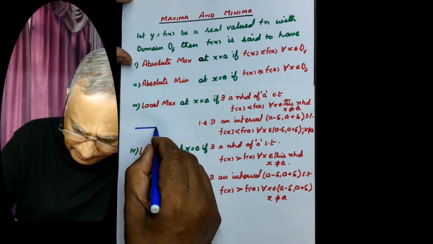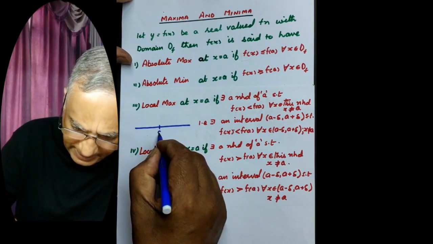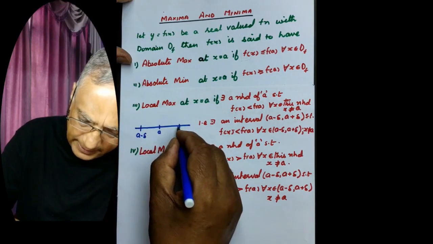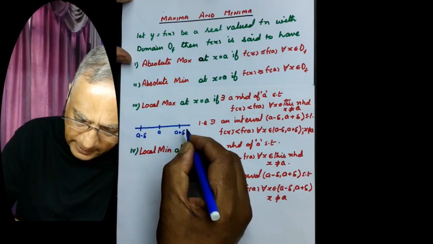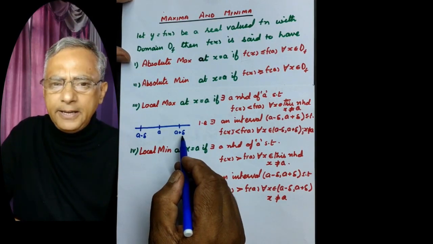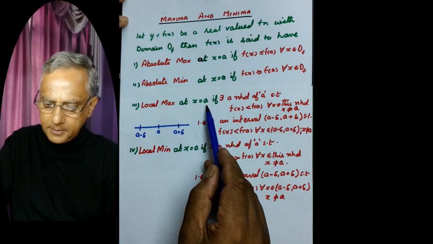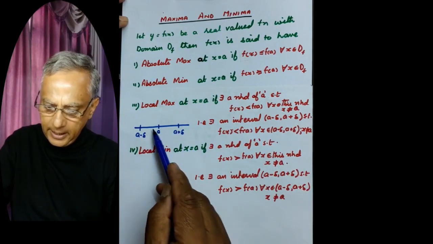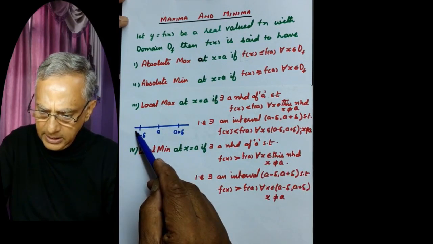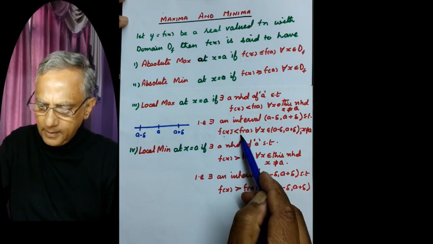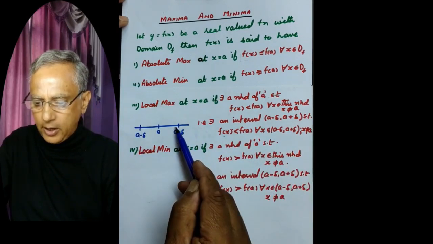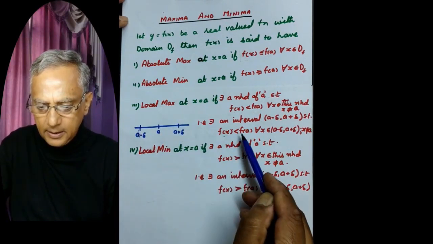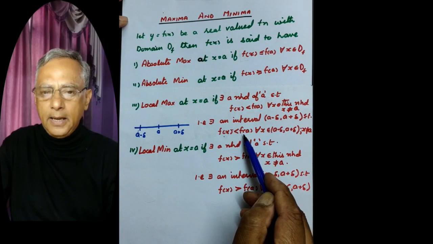If this is the point a, then this will be a minus delta and a plus delta. Delta may be very, very small. The function has local maximum at x equal to a if there exists an interval (a minus delta, a plus delta) around a in which f(x) is less than f(a) for all x belonging to this interval.